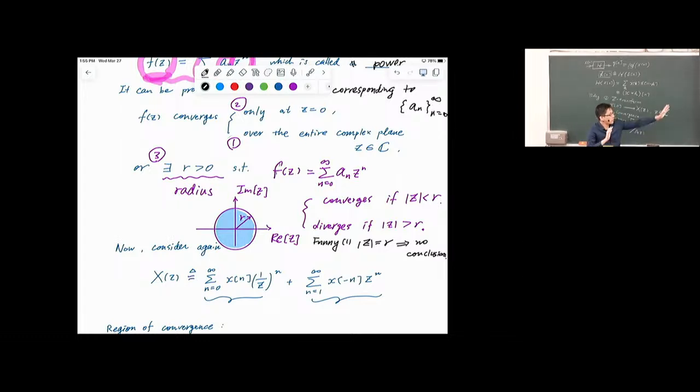Out of any possible sequence A of n, the region of convergence can never be a square or a triangle or any other shape. The region of convergence is always a circle, centered at the origin. This region of convergence can never be anything other than a circle.